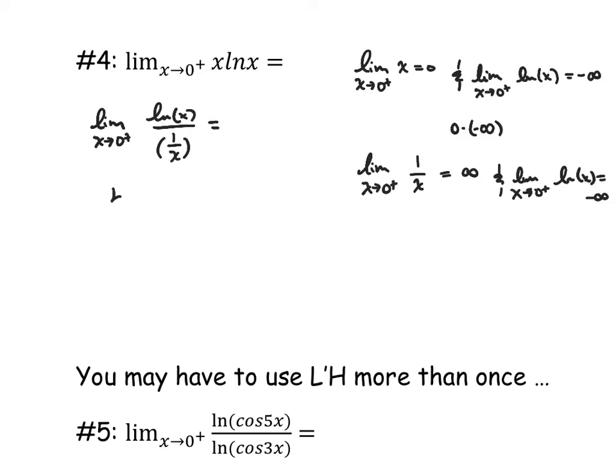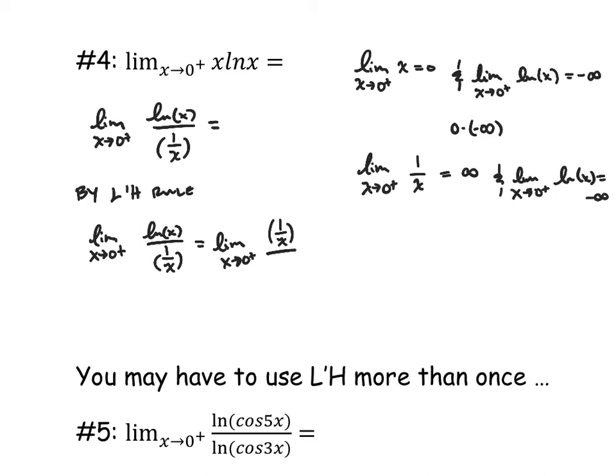So therefore, by L'Hopital's rule, the limit as x approaches 0 from the right of ln of x over 1 over x will be equal to the limit as x approaches 0 from the right of 1 over x, which is the derivative of ln of x, over negative 1 over x squared, which is the derivative of 1 over x. Now let's do a little bit of simplifying.